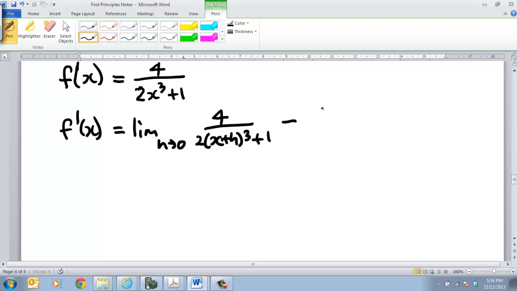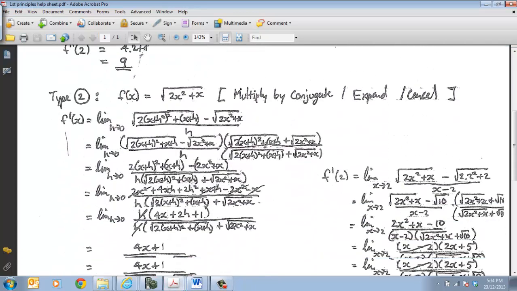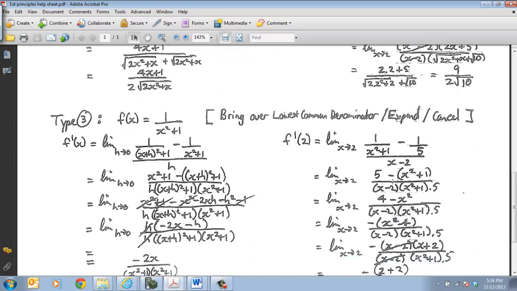Take away f of x, which is 4 all over 2x cubed plus 1, and then that's all over h. Now, if we go back to our cheat sheet, which I've got for you, it's the type 3 problem. So we bring over the lowest common denominator, we expand, and then we cancel. And there's a couple of examples here for you to do. So let's just keep going with this one here.